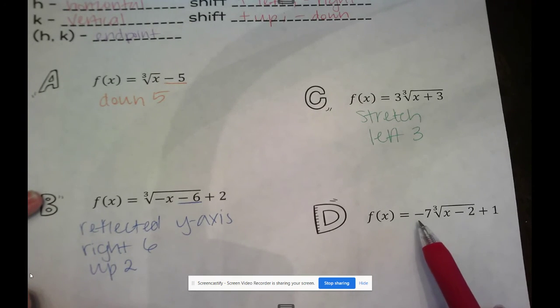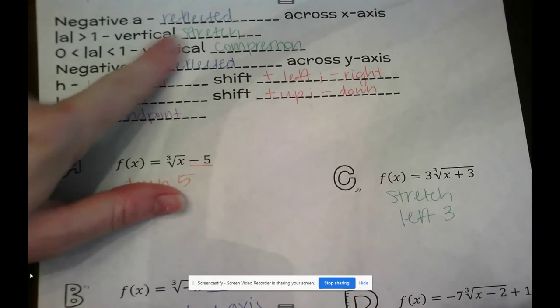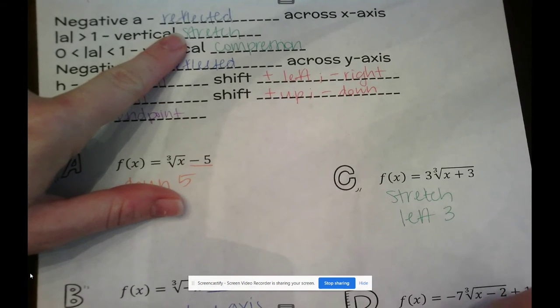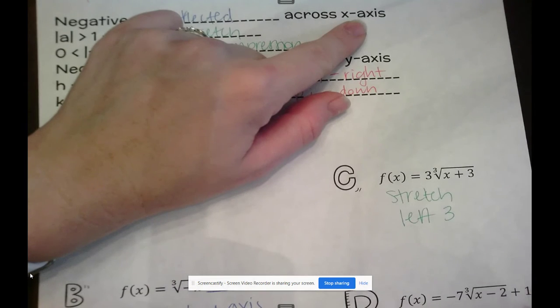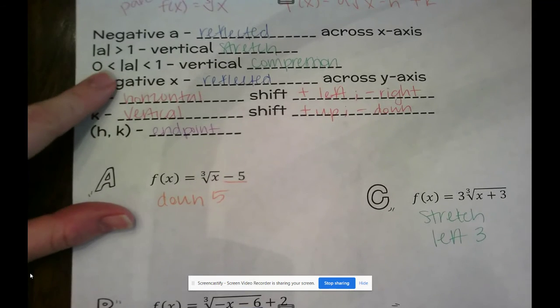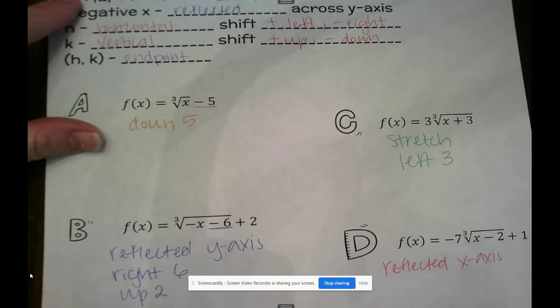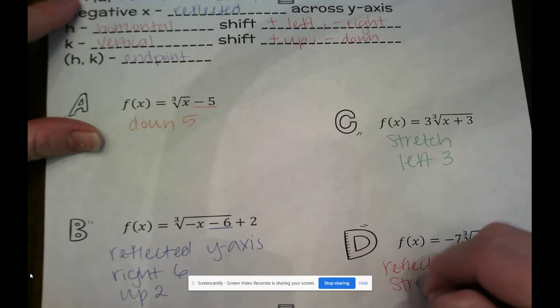All right, one more. Is there a negative a? Yes, so it is reflected, this time over the x-axis. Is there an a that is greater than 1 or one in between 0 and 1? Yes. Oh, you can't see me pointing to it. It's greater than 1. So again, we're going to be stretched.